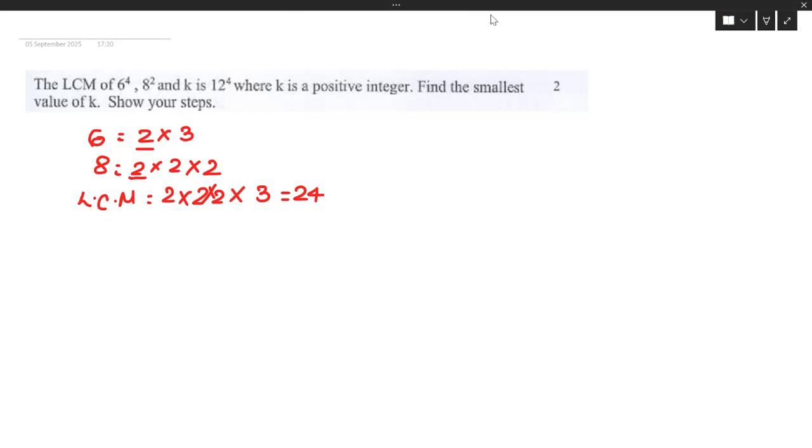Let's write the factors of 12, which are 1, 2, 3, 4, 6 and 12, isn't it?